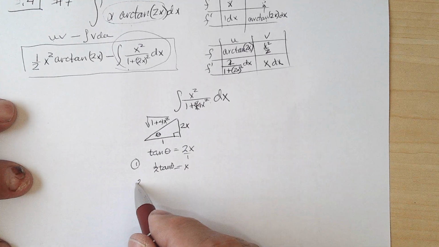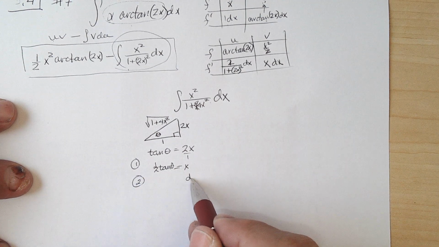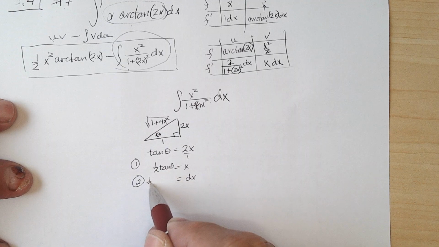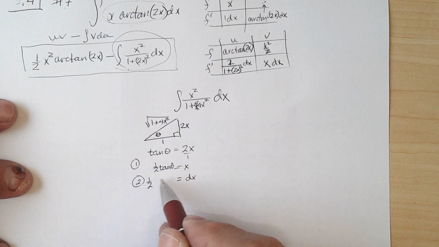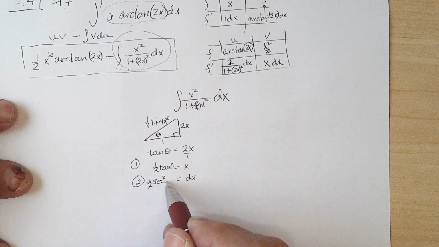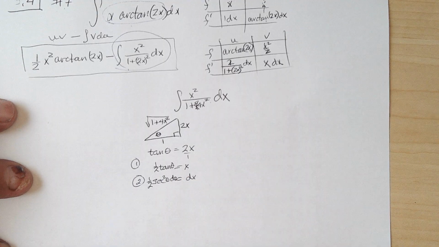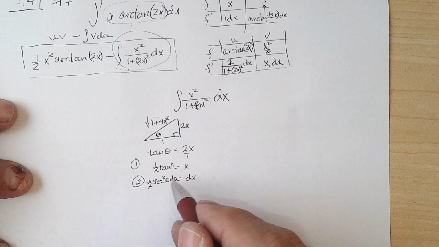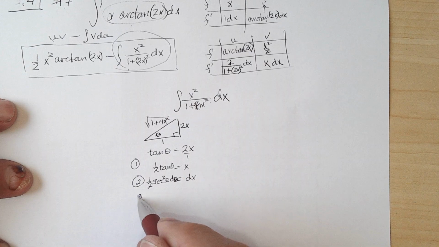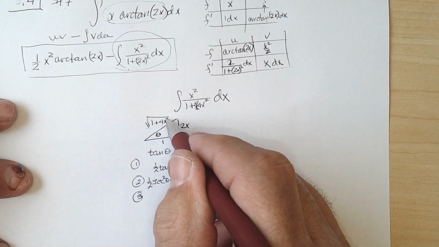My step number 2 is take the derivative, so we get something for dx. And so that's 1/2, and the tangent of theta derivative is secant squared theta d theta. And then we need something for the mess. And the mess, well, this is kind of the messy part.